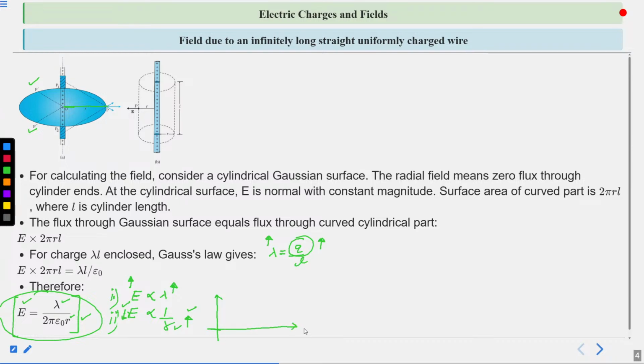This one is the r x-axis, and this one is the y-axis. Here E is inversely proportional to r, so the graph is like this. If the value of E increases, the value of r decreases. Both are inversely proportional. I hope this is clear now.